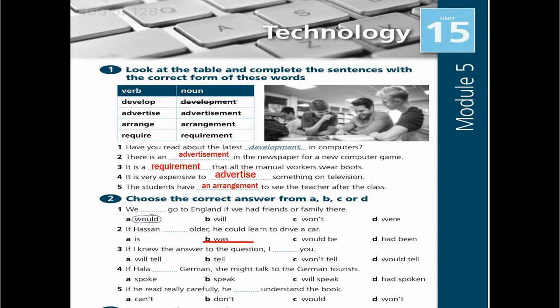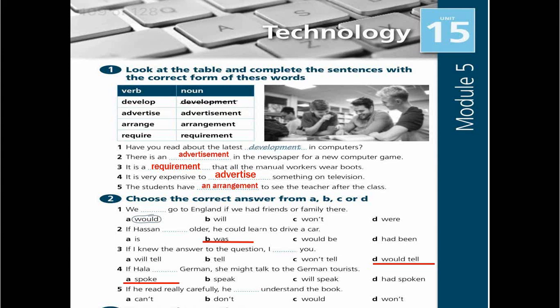I will tell, won't tell, or would tell. The answer of course is would tell. Number 4, if Hala speaks German, she might talk to the German tourists. The answers are spoke, speak, will speak, or had spoken. Of course, the correct answer is spoke.